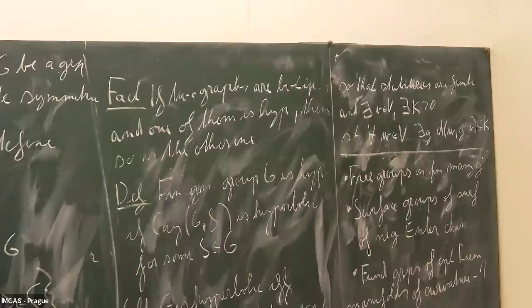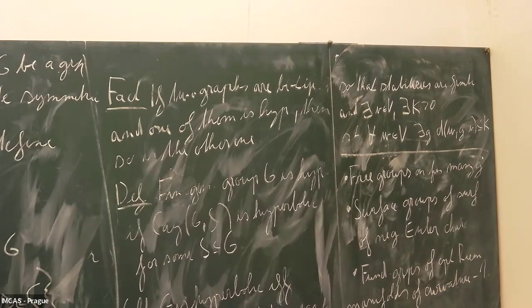Let's say that you fix the number of generators, g1 up to gm. Then you also consider some relations, and you fix the number of relators.